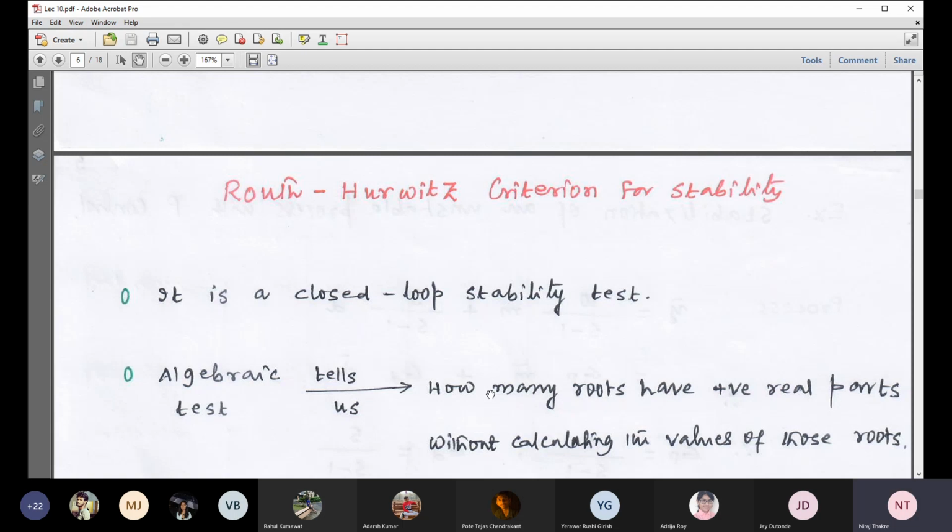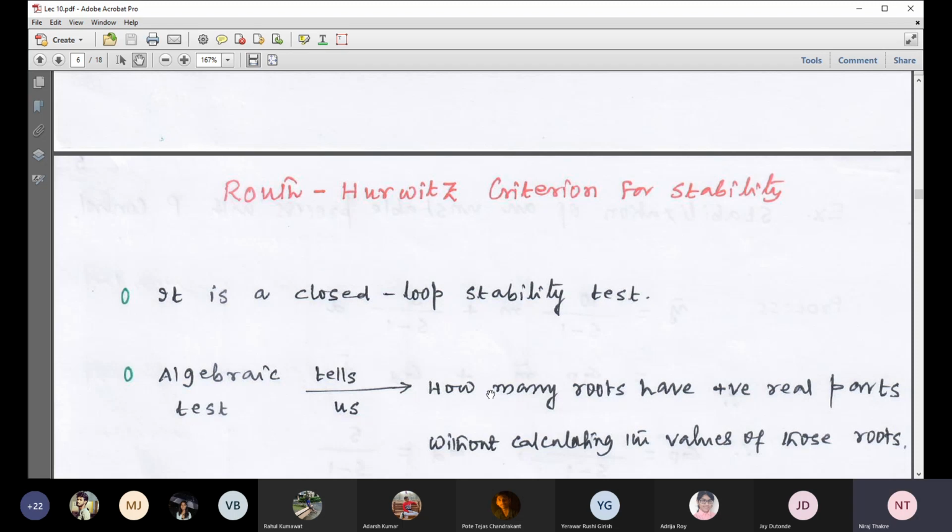That means we need to consider the CLTF for stability analysis. So we proceed with the CLTF, the closed loop transfer function.